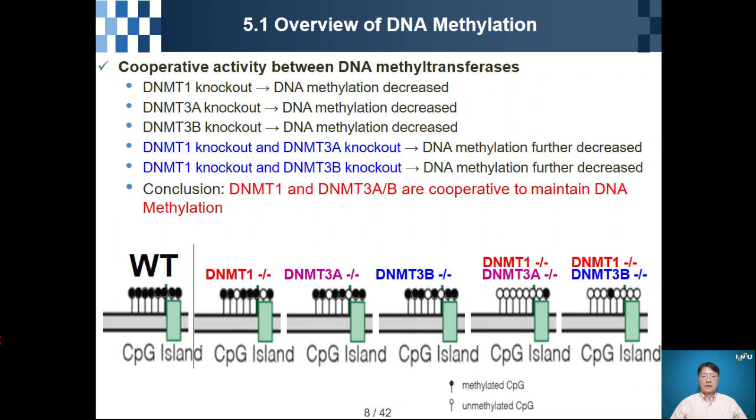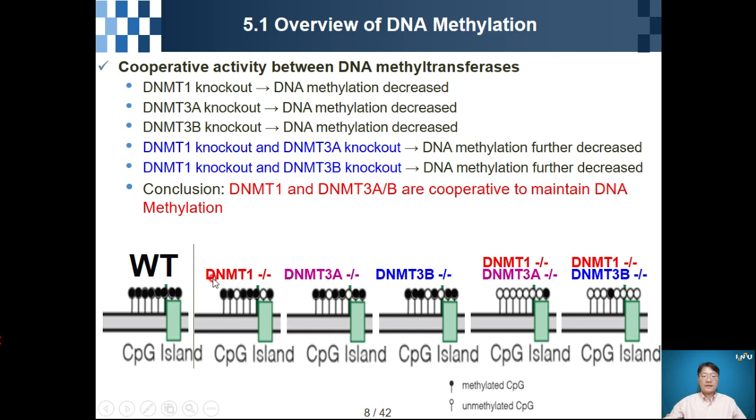In this slide, I will explain the cooperative activity between DNA methyltransferases. This is a wild type cell. The wild type cell has the methylation pattern in the CpG island, and most of the CpG island is methylated.